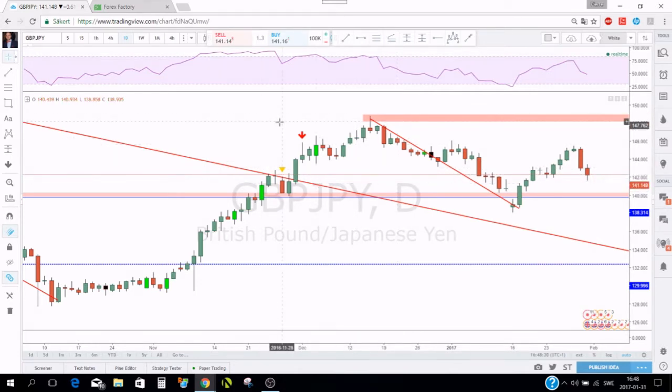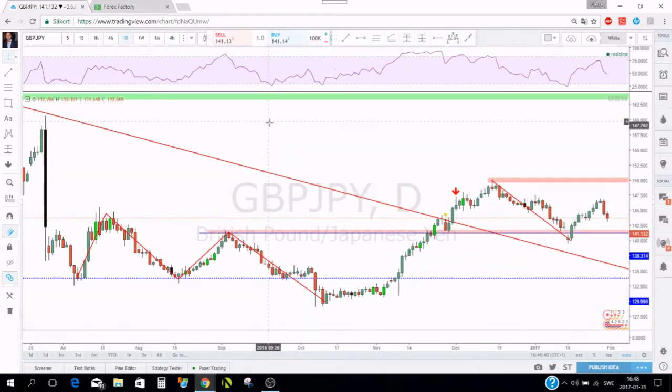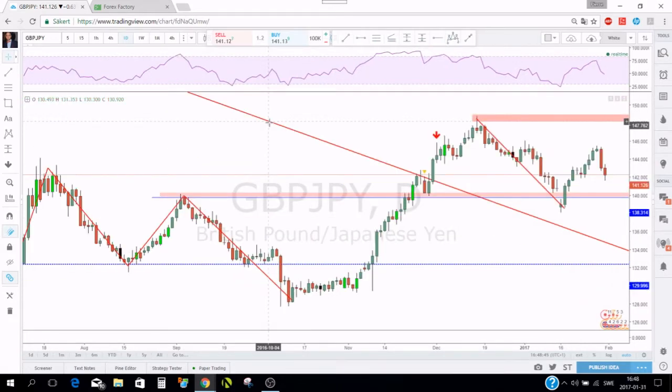So yeah, this one here. Is this a bearish or bullish pin bar? And did it work as it should?